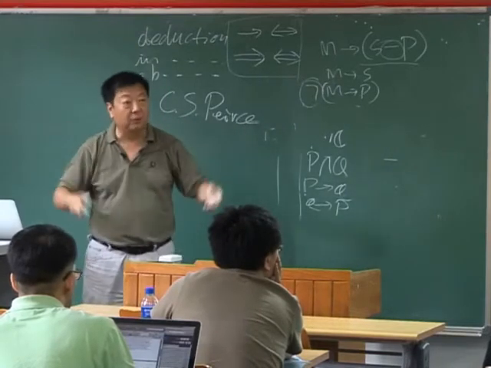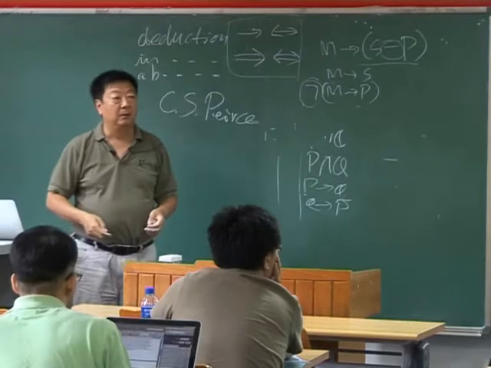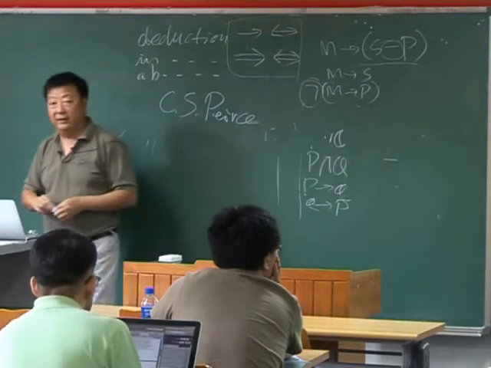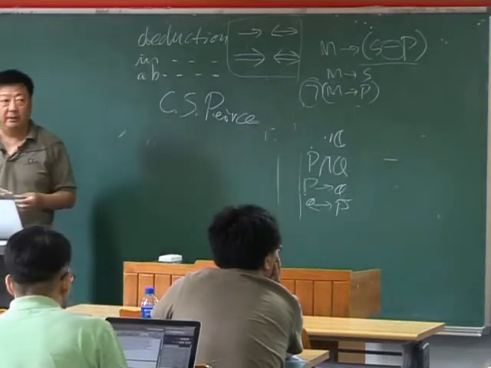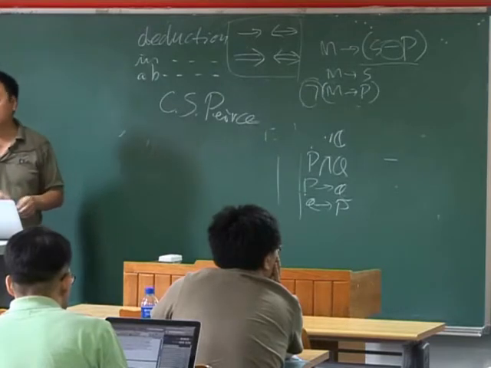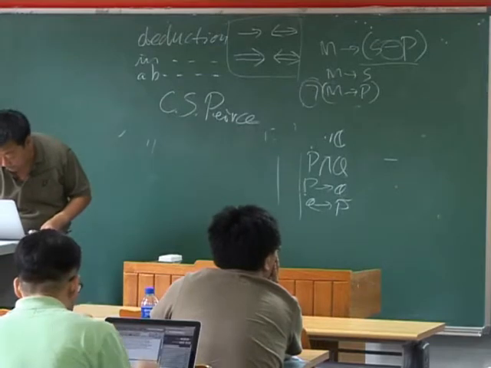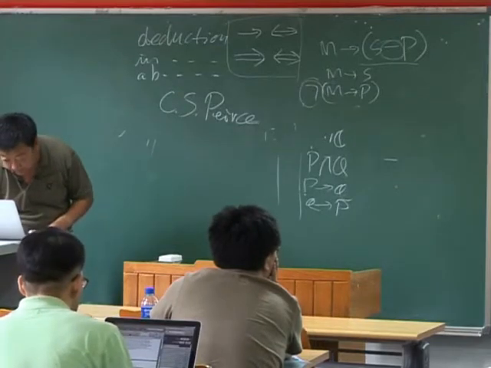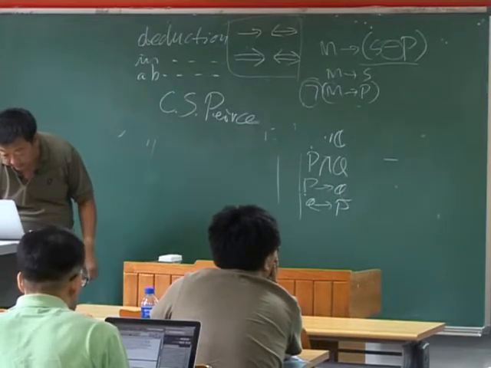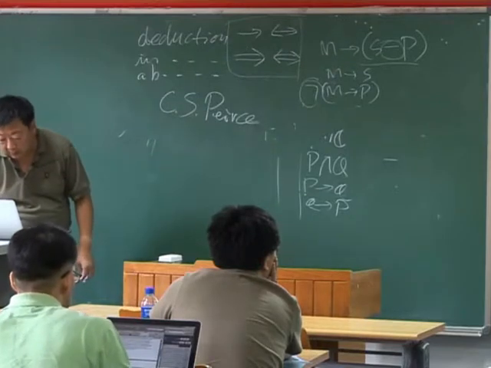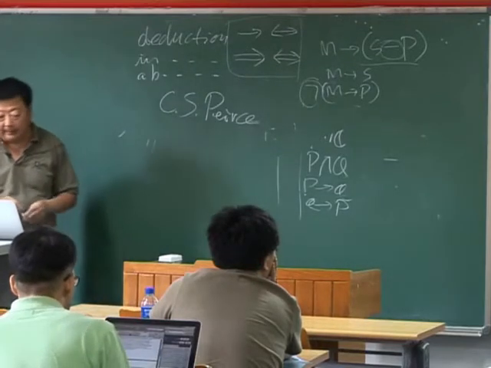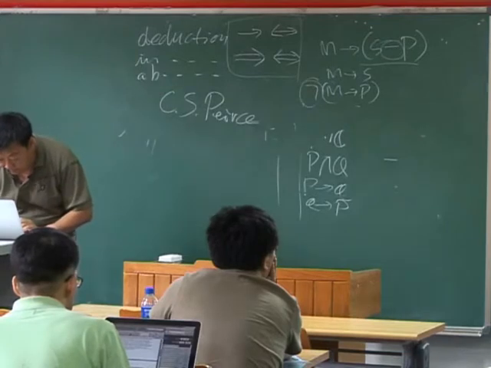The total amount remains the same. So you try it 5 times, no matter whether it's yes or no, the negation is also supported by the same amount of evidence. So that's it. And then there are a couple of other rules which only take one premise, like this one.